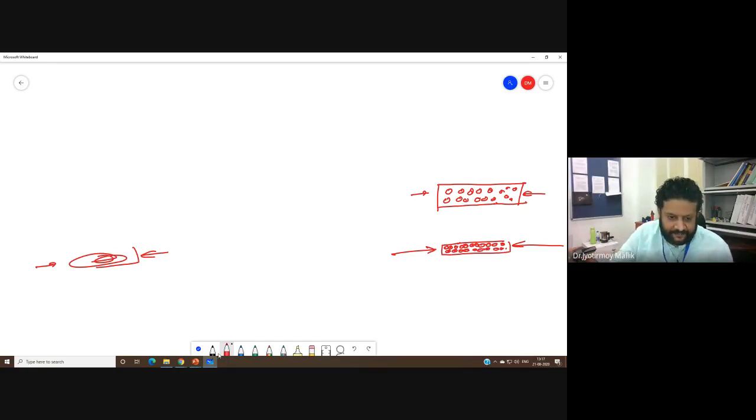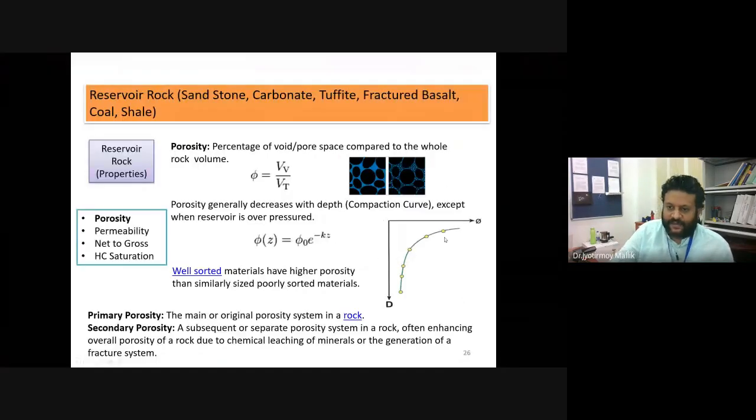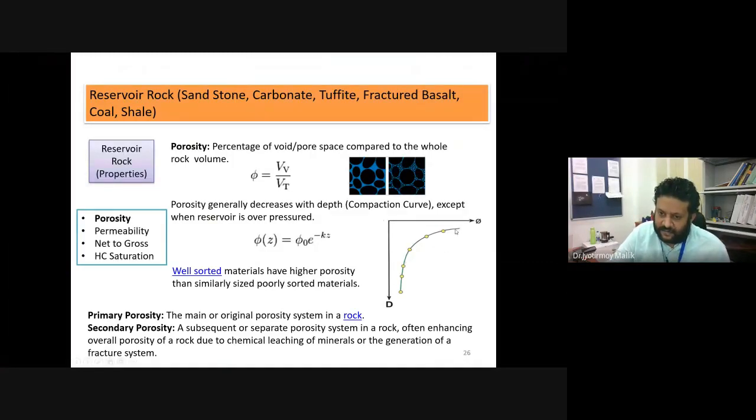And that is exactly what you observe in this graph. You can see here porosity is plotted with depth, and first porosity decreases, you know, with the dip.